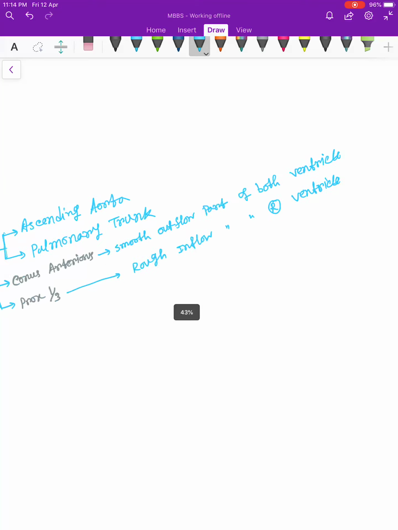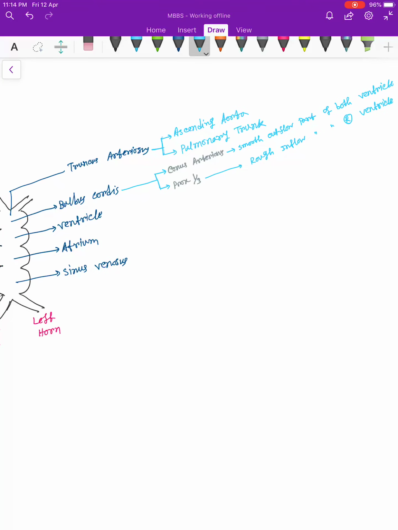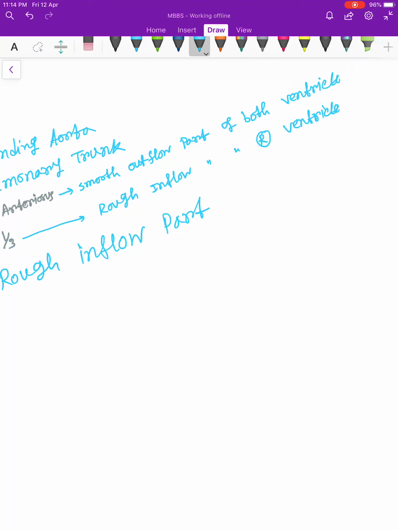Okay, next ventricle. From ventricle, the rough inflow part of the left sided ventricle develops.